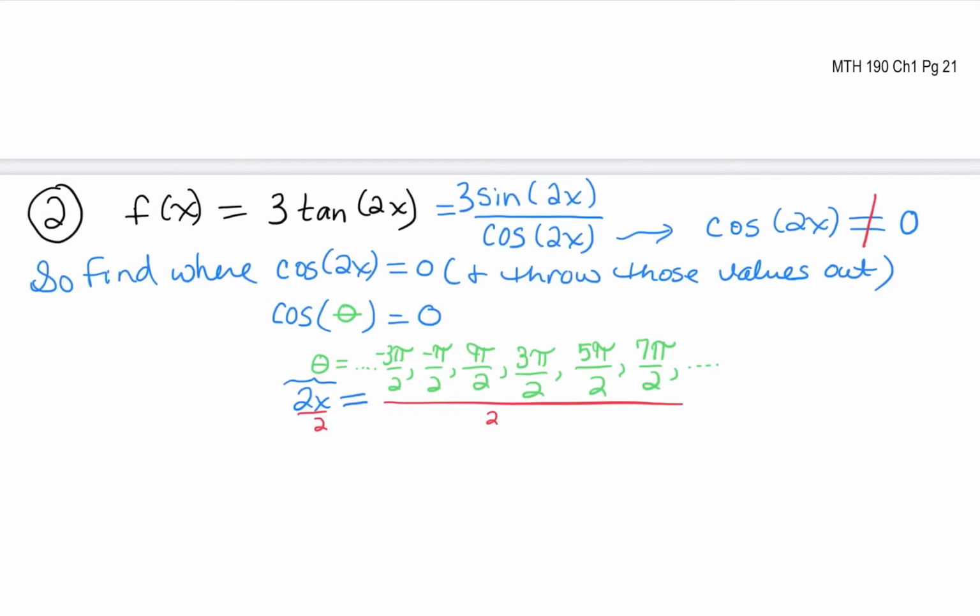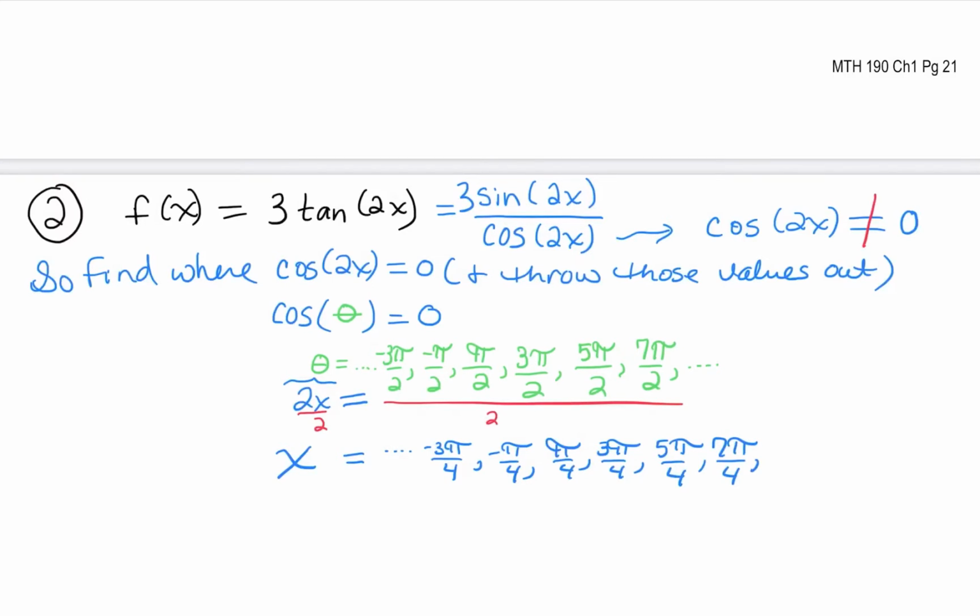We divide them all by 2. So the values then for x, which is really my original variable here, dividing those all by 2, we end up with negative 3 pi over 4, negative pi over 4, pi over 4, 3 pi over 4, 5 pi over 4, and so on.